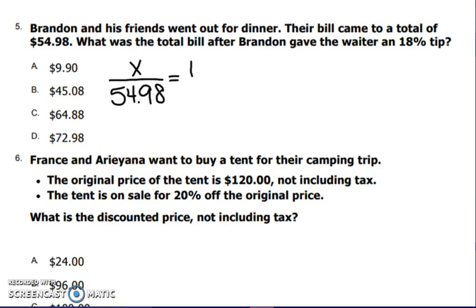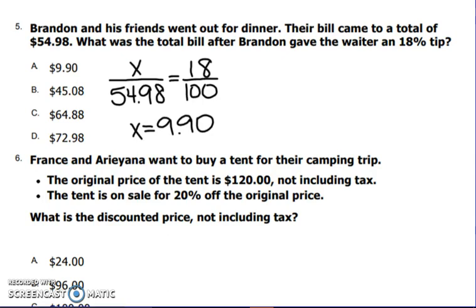The percent of the tip was 18, and that's over 100. You guys are awesome at this. Multiply, divide. You get that X equals $9.90. Well, what does $9.90 represent? That represents the amount of tips, or the tip that Brandon had given the waiter.